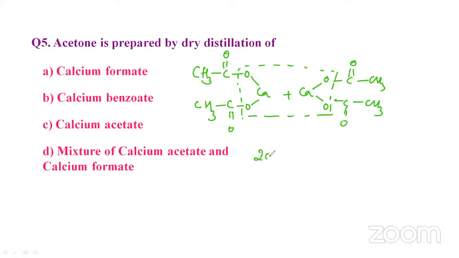If you take calcium formate, one of your products will be formaldehyde. We want acetone, right? So you are going to take calcium acetate. This is how the reaction goes. So it is C. Understood?